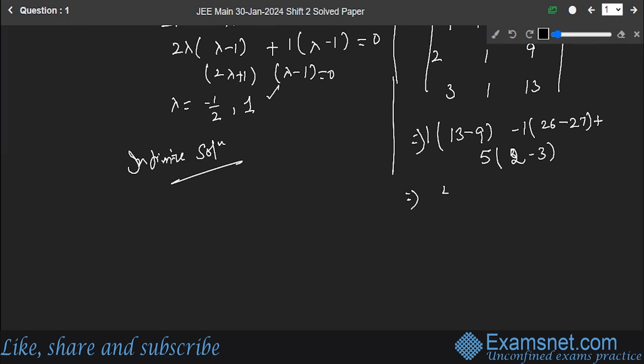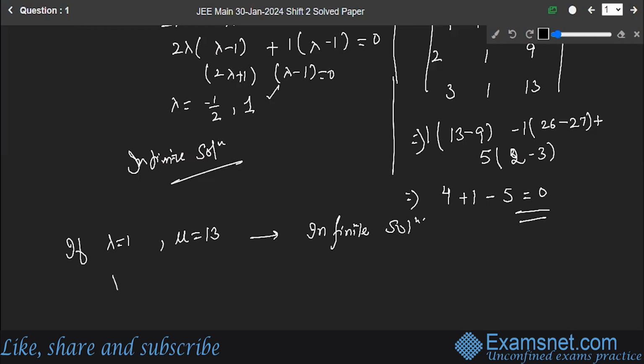So this will give me 4 plus 1 minus 5, that's equal to 0. So that means if I take lambda is 1, mu is equal to 13, I will have infinite solutions. So if lambda is not equal to 1, you will have a unique solution.